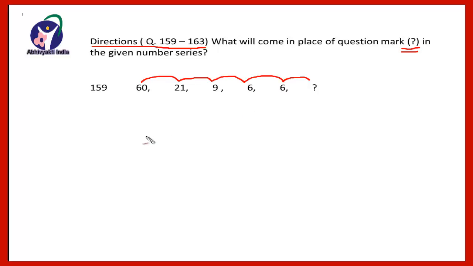If you see the relation between these numbers, you will see that 60 by 3, that is 20, plus 1, you get 21. Now here it is 21 by 3, that is 7, plus 2, and we get 9.